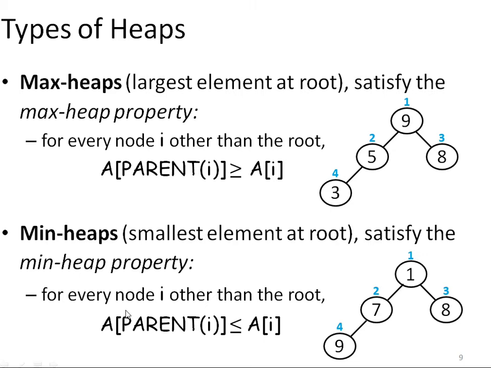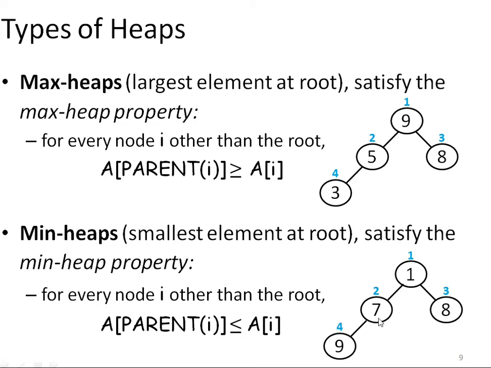Similarly, if the parent value is less than or equal to both of its children, then that heap is known as a min heap. For example, here 1, which is the parent of 7 and 8, is less than both 7 and 8. 8 is a leaf node, so there is no need to check.